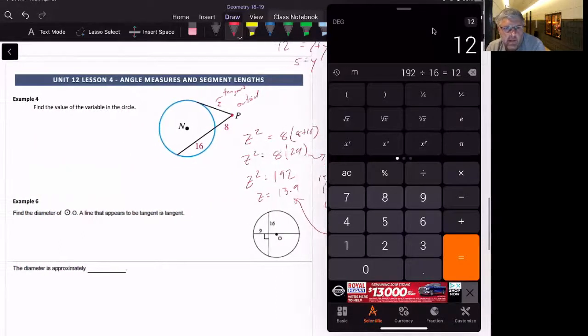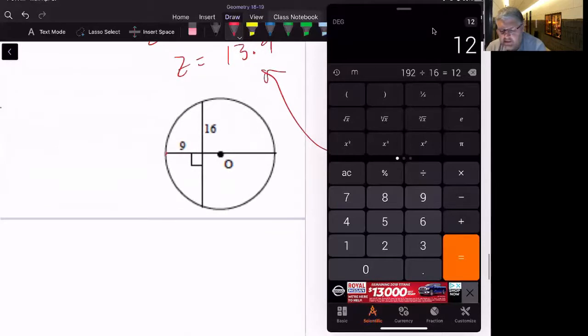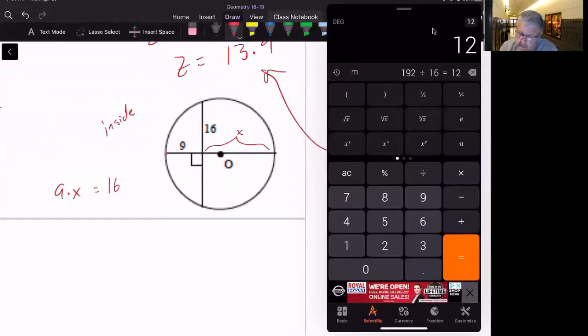All right, find the diameter of circle O. Whether that's a diameter or not, we still know this intersects inside the circle. So we still know the product of all the pieces are going to equal each other. We'll call this part X. So 9 times X equals 16 times whatever this piece is.